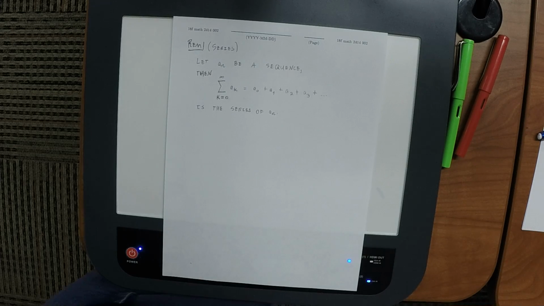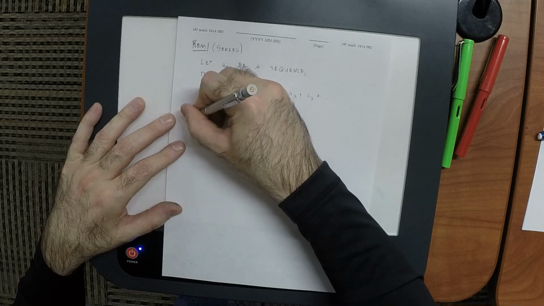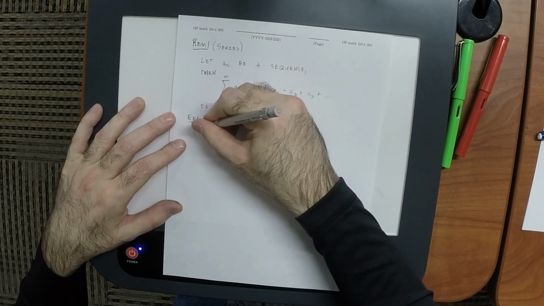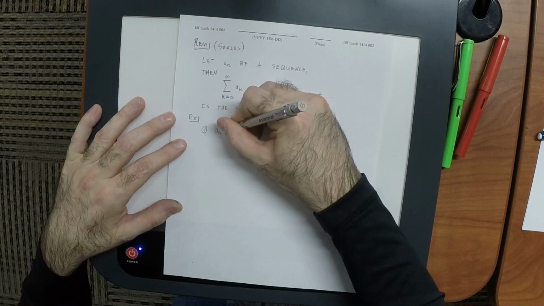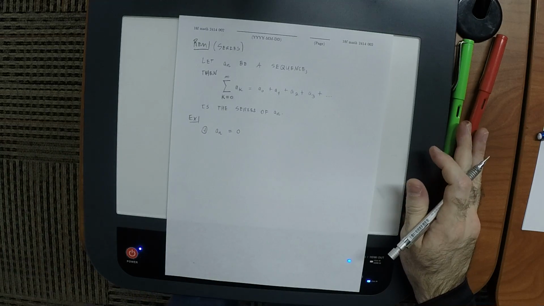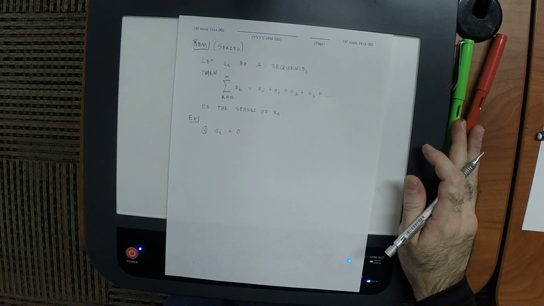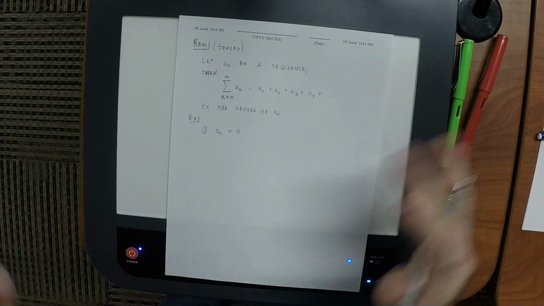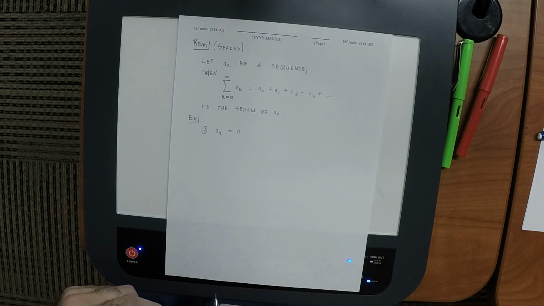So now, sequences can converge or not. And as a result, series can converge or not. Here's a particularly easy example. Let a_n be equal to 0, the constant sequence where no matter what natural number you put in, 0 comes out. It's not a very interesting sequence.